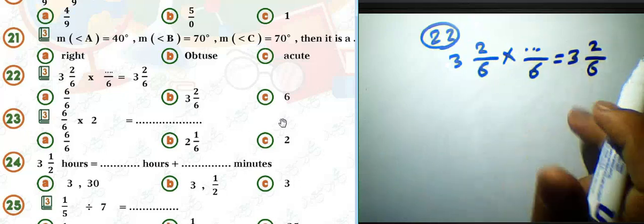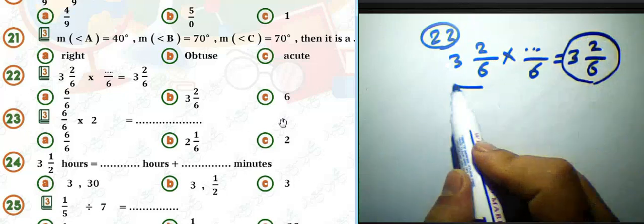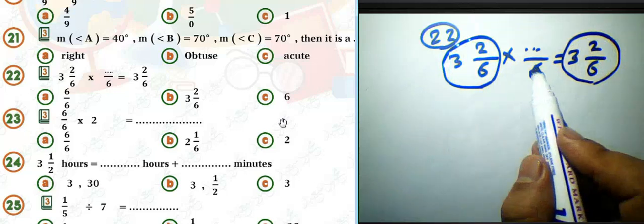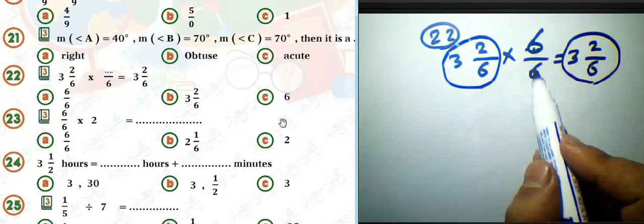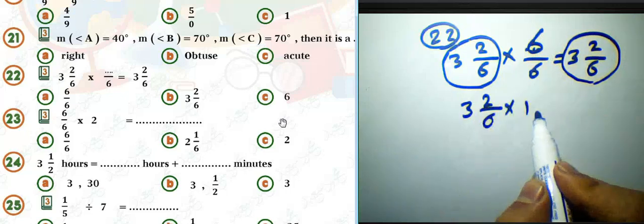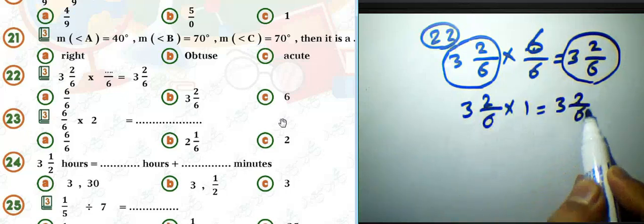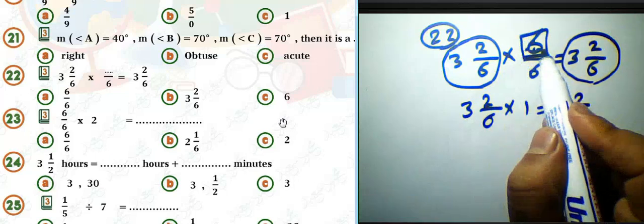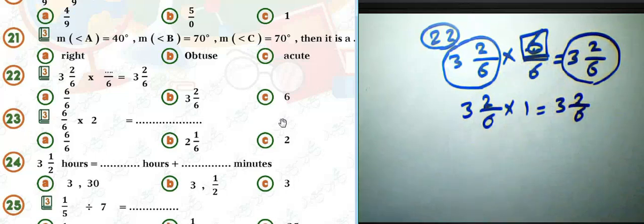Look at here, it's equality. So we must write here 6 because 6 over 6 equals 1. Then 3 and 2 over 6 multiplied by 1 equals 3 and 2 over 6. Then we must put 6 in the space. Choose letter C about this example.